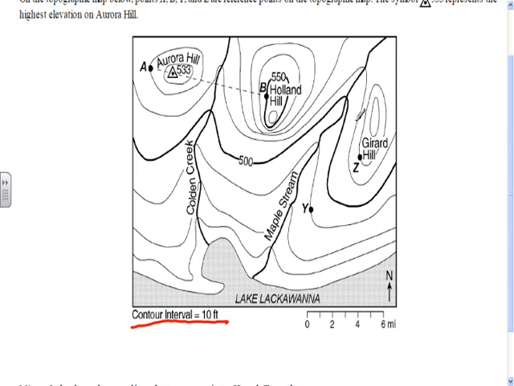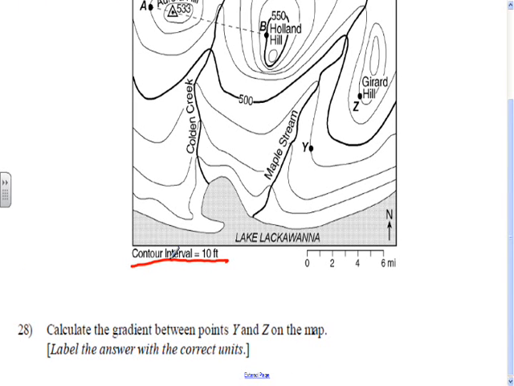Now to find the gradient, let me say the question right here. It says calculate the gradient between point Y and Z on the map, and label the answer with the correct units.